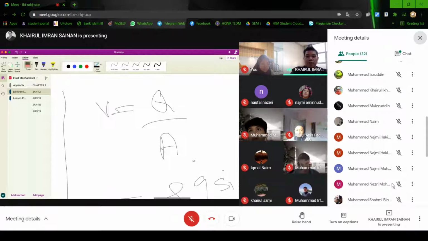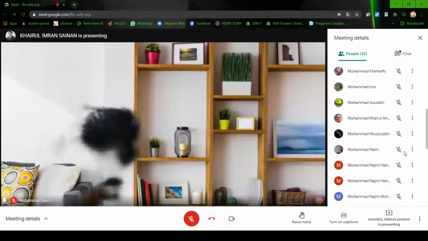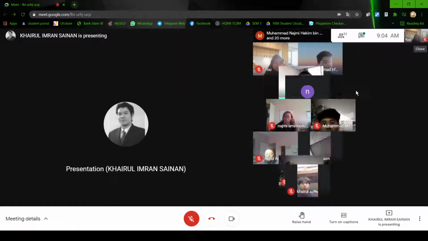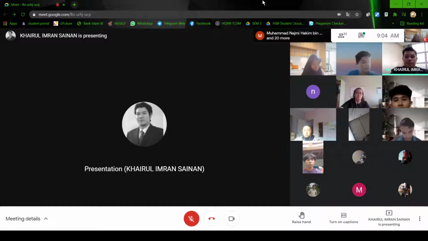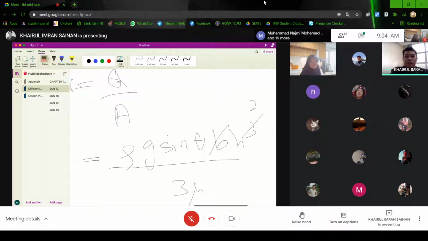So you have your equation Q divided by A. Rho G sin theta B H cube divided by 3 mu, meaning we put the Q back into this equation. And then the area is B multiplied with H. Remember just now?